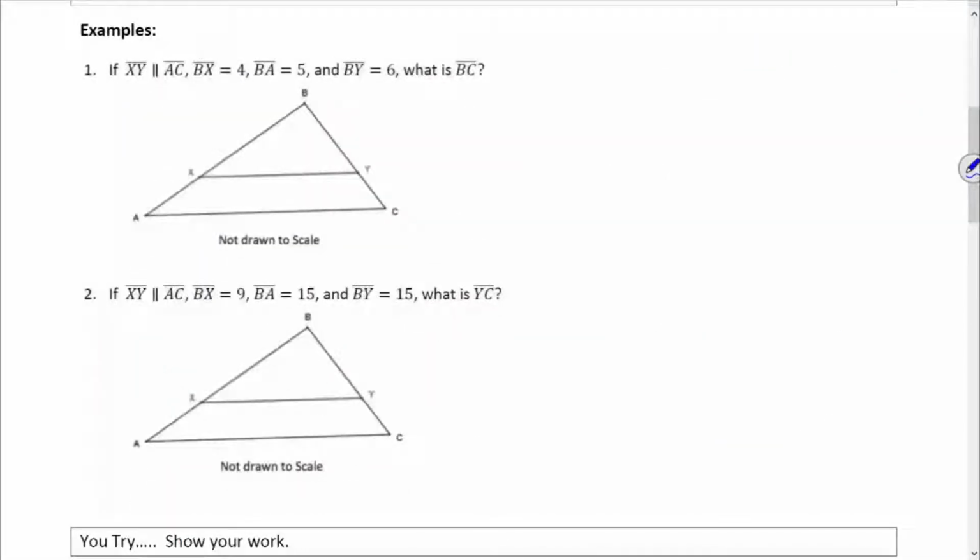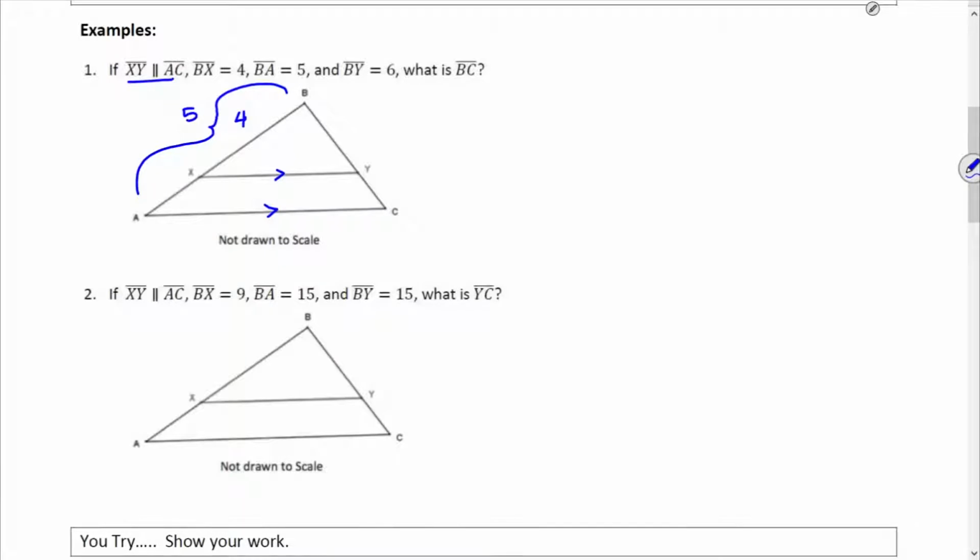In example 1, we are given that XY is parallel to AC. And that's really important because without knowing that those are parallel, we can't use the side splitter theorem. They tell us that BX is 4 and that BA, this whole length right here, is 5.